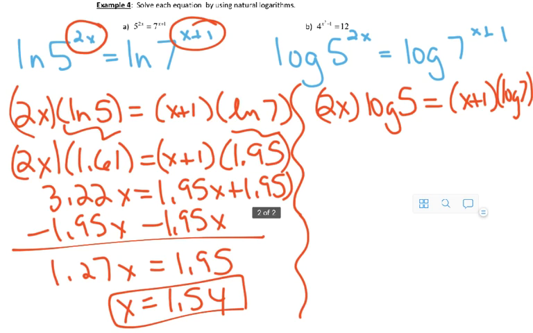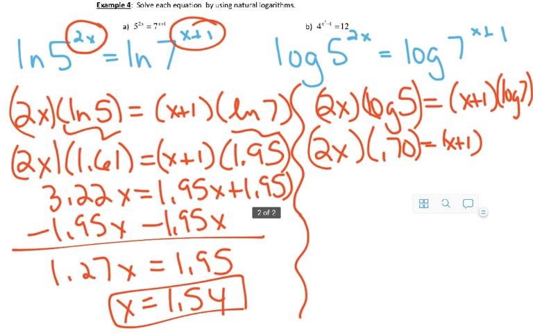If I did the same thing with the log base 10 instead of the natural log, the log of 5 is about 0.70, and the log of 7 is about 0.85. I would do the same thing. I would multiply.